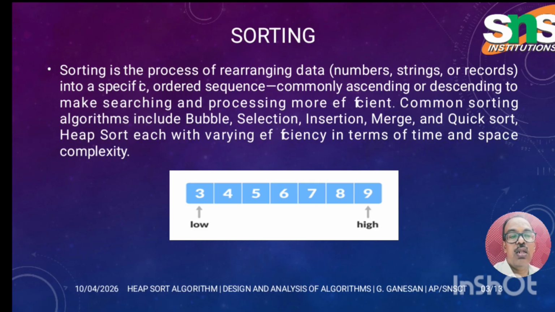Each algorithm has its own time efficiency and space complexity. So we choose the sorting technique that is most efficient in time complexity and space complexity. In this video, we will learn heap sort.